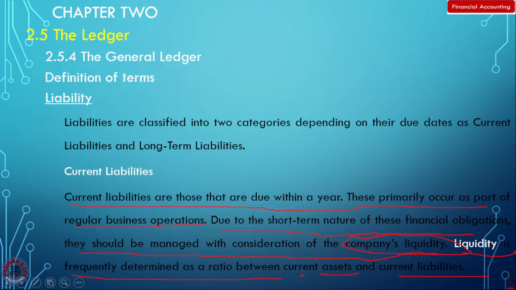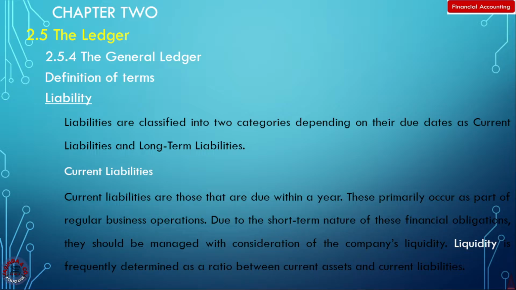But if your current assets are liquid enough to pay your current liabilities, then you'll be saying that your business liquidity is okay, and it is in a position that can manage your current liabilities.